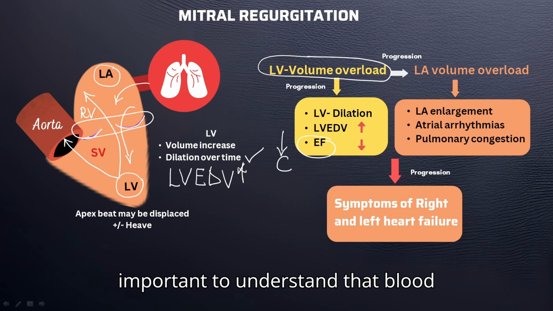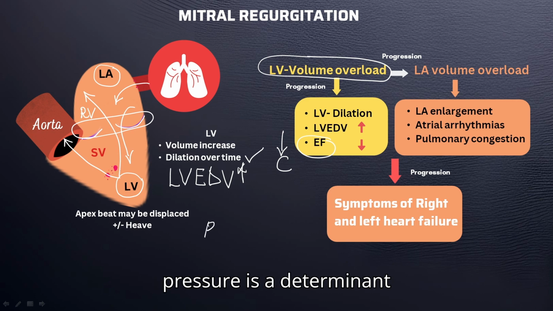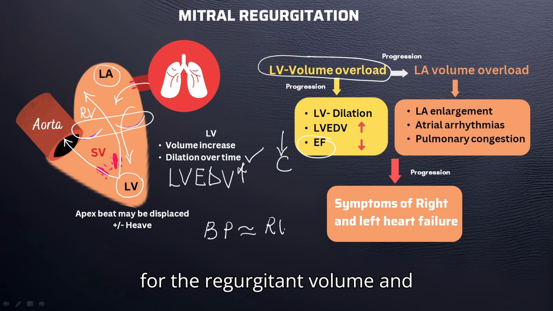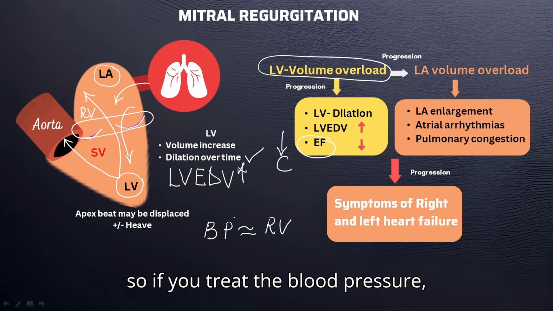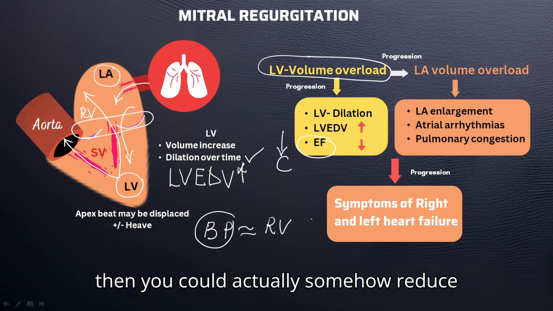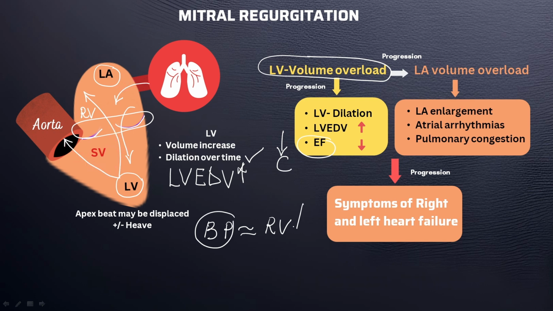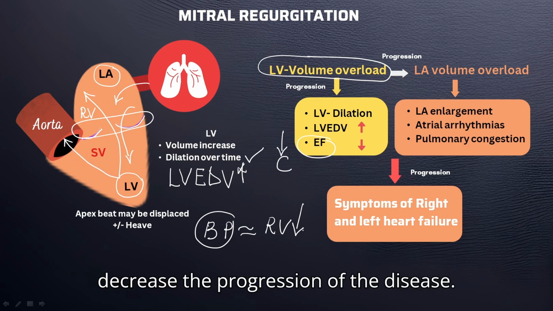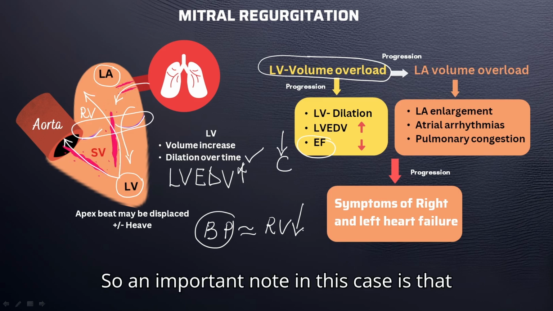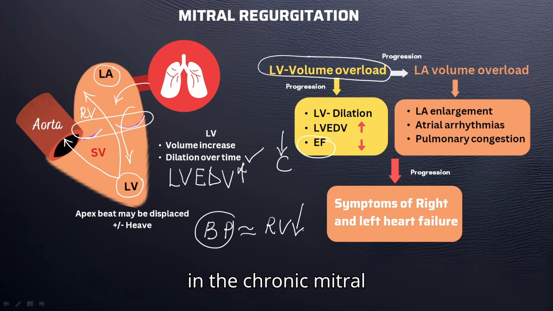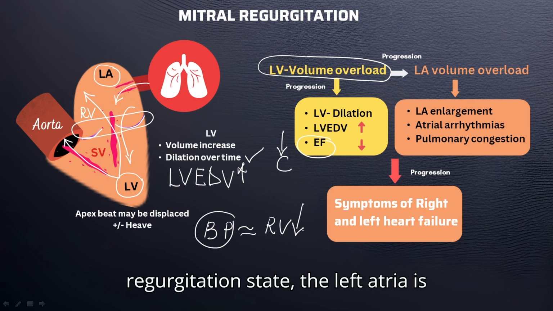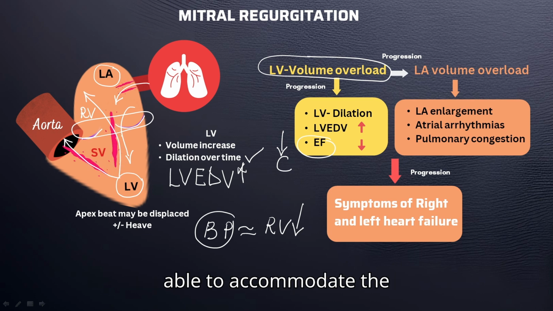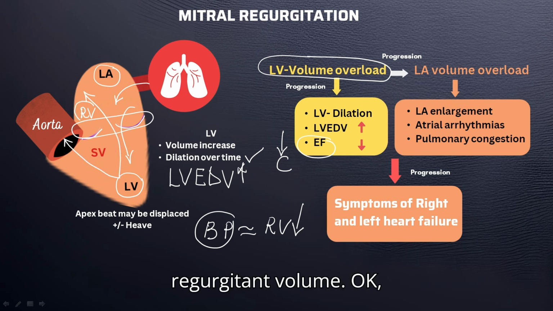Now, again, it's important to understand that blood pressure is a determinant for the regurgitant volume. And so if you treat the blood pressure, then you could somehow reduce the regurgitant volume and decrease the progression of the disease. So, an important note in this case is that in the chronic mitral regurgitation state, the left atria is able to accommodate the regurgitant volume.